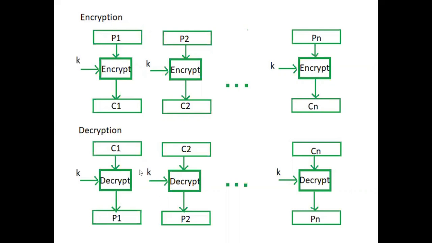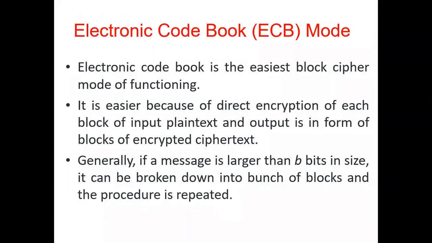You take the first cipher block C1 and perform the decryption with the key K. You will get P1. Similarly, you perform this on all the N blocks. Finally, if you add all the blocks P1, P2 up to Pn, you will get the final plain text. This is ECB mode, electronic code book mode.